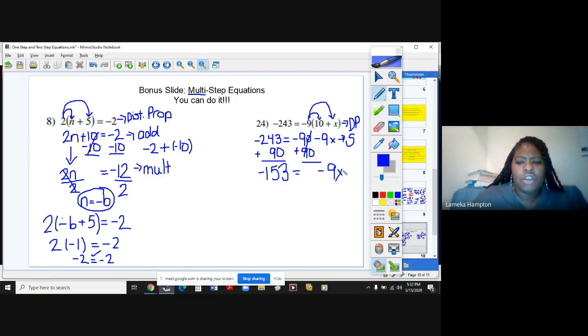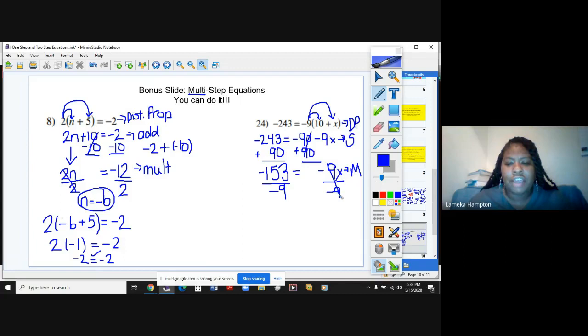Now, I have gone from a subtraction problem to a multiplication problem. So remember, I am going to divide by negative 9, because I want the letter to be by itself.